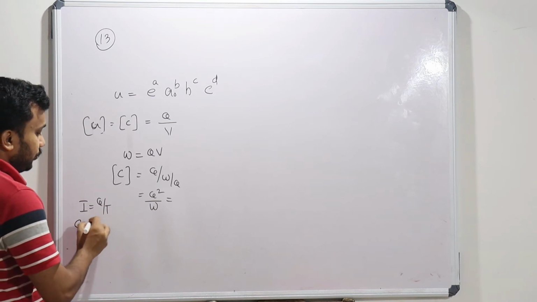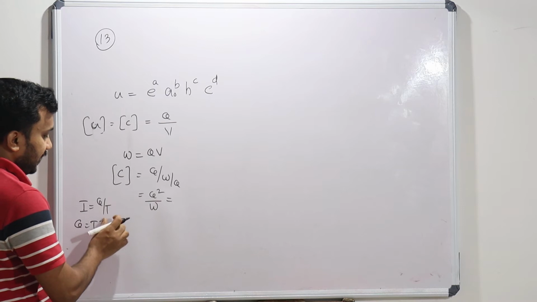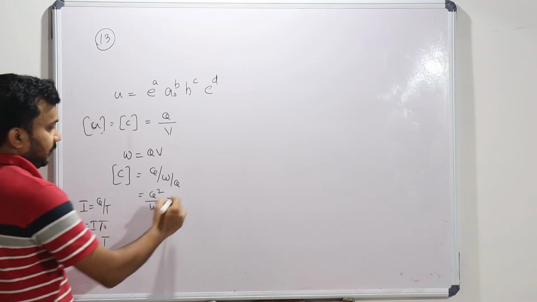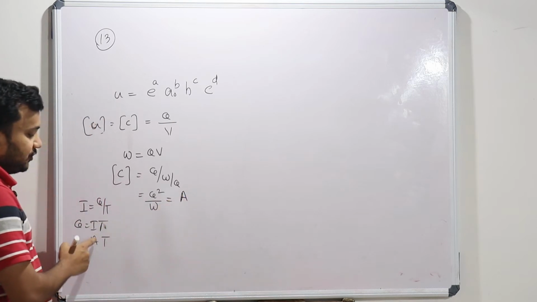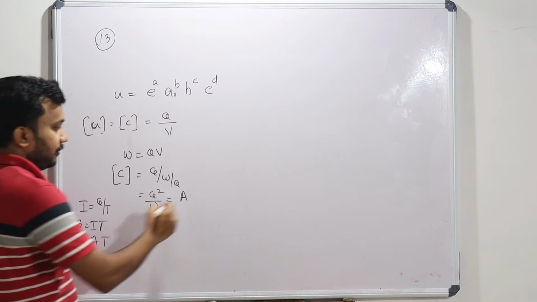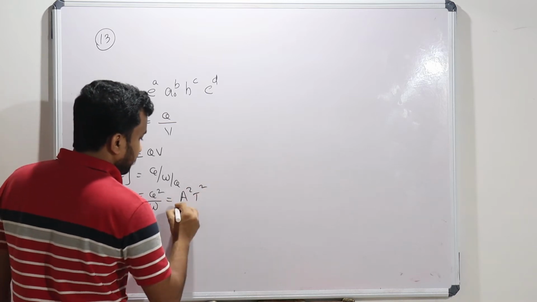So Q is equal to I into T. The dimension formula of I is A and of T is T, so Q is A T, and Q square is A square T square.